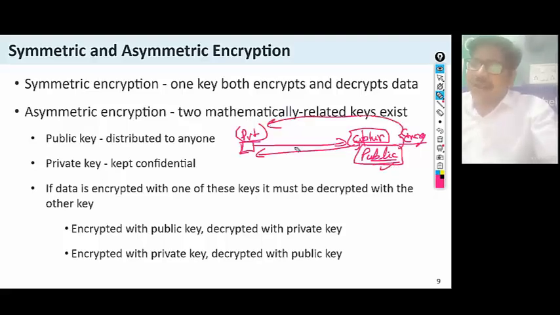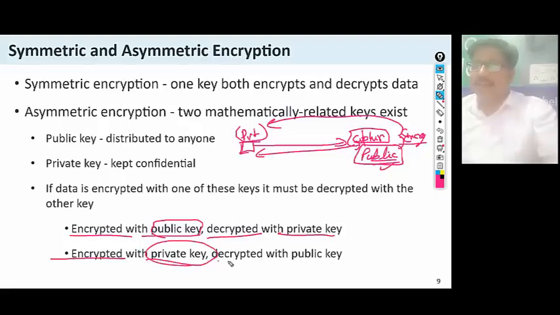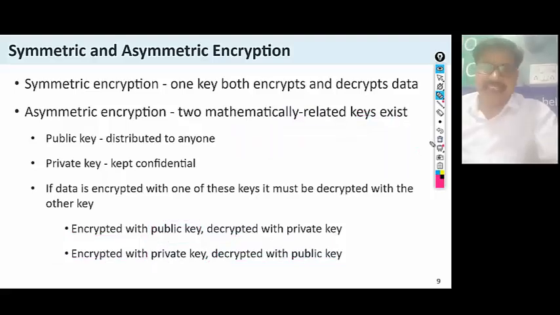Here the private key will be used for decrypting the data. So data encrypted with the public key is decrypted using the private key, and data encrypted with the private key is decrypted using the public key. Quite a simple and easy method for encryption and decryption, covering symmetric and asymmetric encryption.